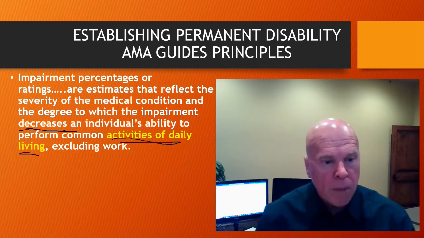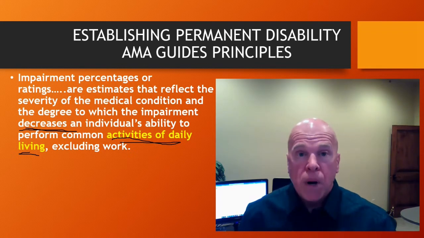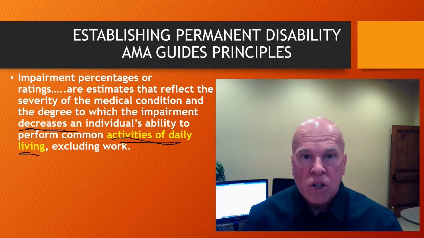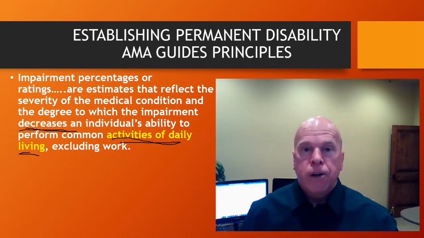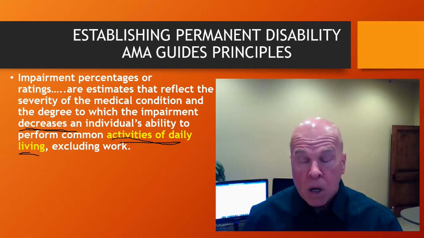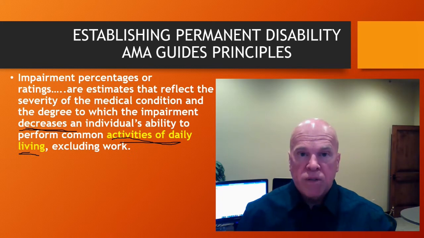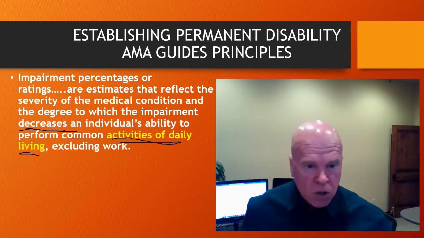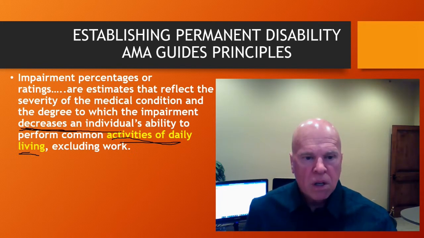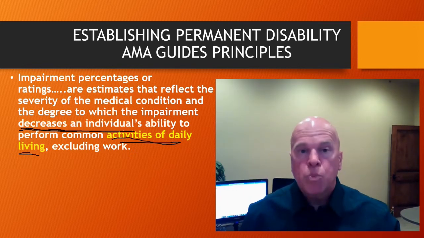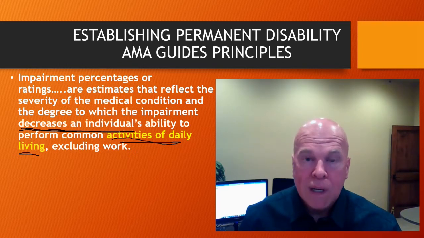Therefore, a critical component of your face-to-face evaluation is to explore your examinee's capacity or incapacity for performing activities of daily living. Now here, interestingly, the guides talk about a decrease in an individual's ability. In the prior slide, the guides referred to inability.